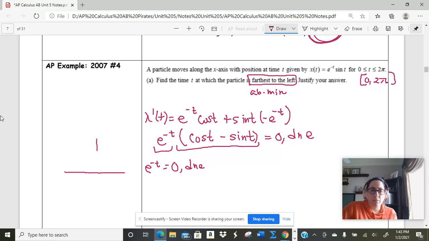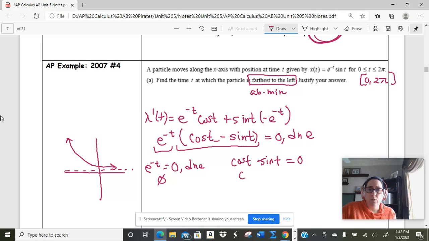So I have this exponential, it's not growth, but decay. But no, it will never equal 0. We've got that horizontal axis or asymptote, and it will never equal 0 or not exist. So there are none here. So what about this cosine minus sine? Well, I know I'm looking for where cosine equals sine, and we have talked about this on the unit circle.